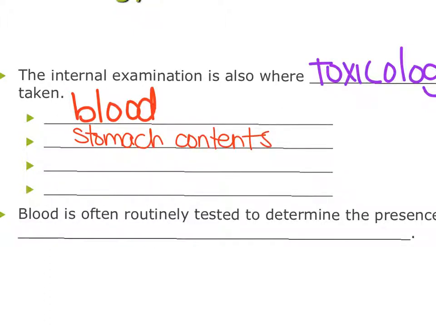Now yours will probably have meconium in it because they haven't been born yet. Meconium is the first bowel movement that a baby makes after birth. It's a black tar-like substance that comes from the ingestion of amniotic fluid in utero, as well as the sloughing off of cells. So like all the goo that's floating around in the amniotic sac, yes.